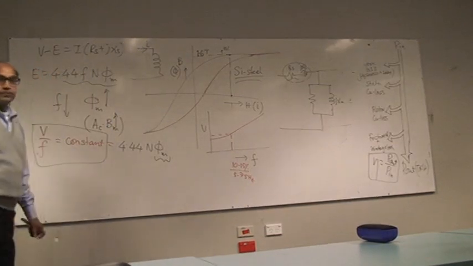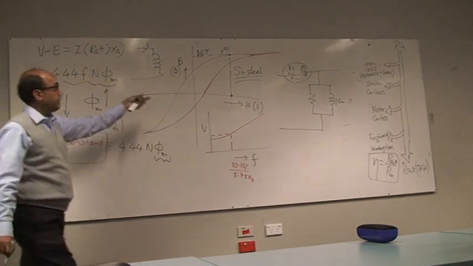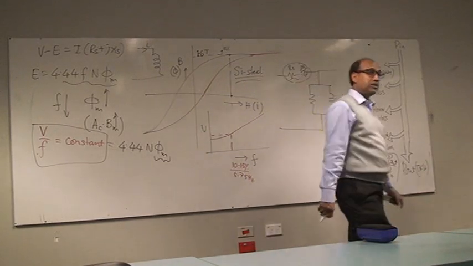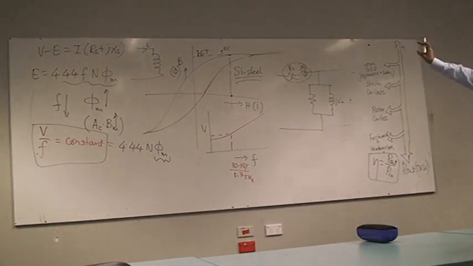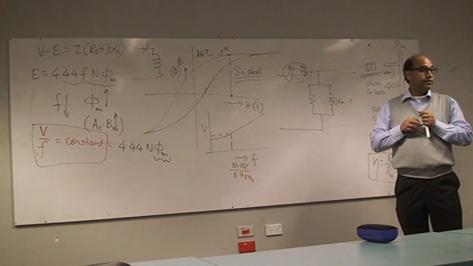So the expression we wrote was basically ignoring the voltage drop in the stator impedance. When the voltage is low, you have to increase the voltage so that you overcome the voltage drop in the stator winding. Any questions? Anywhere you have any issue?